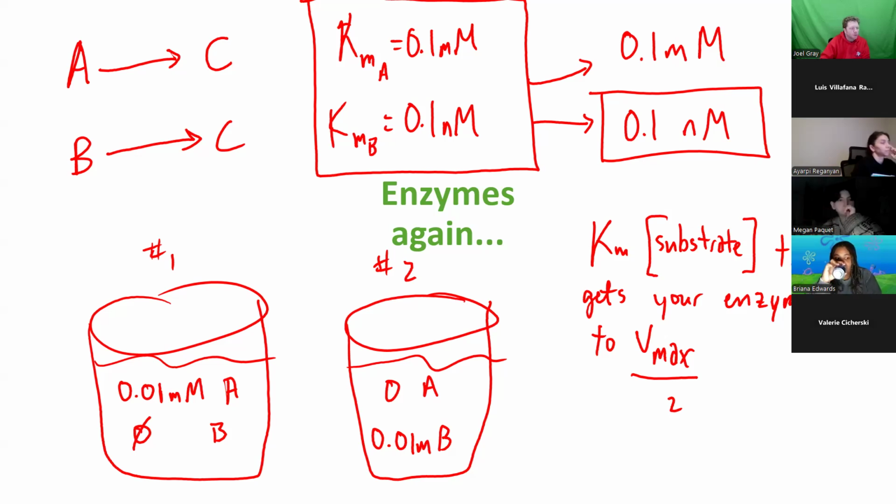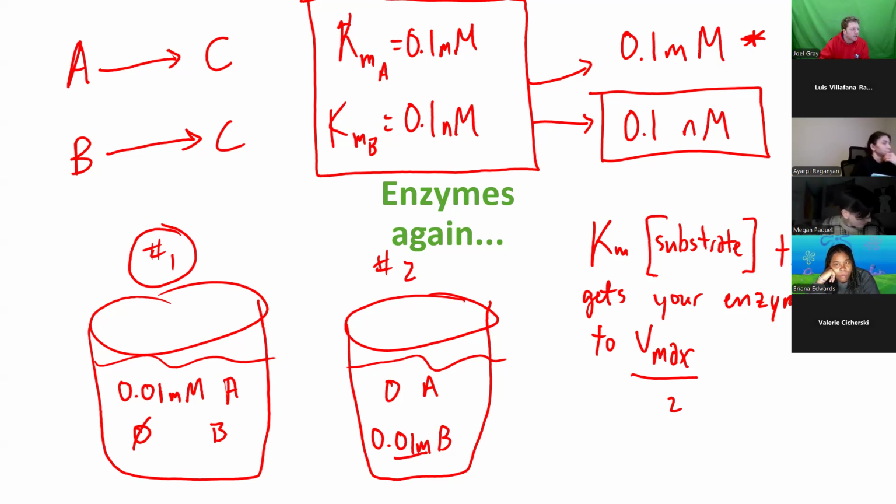Okay, so if we compare, looking at beaker number 1, we've got 0.01 millimolar. 0.01 millimolar is less than 0.1 millimolar. Then we've got beaker number 2, that's 0.1 millimolar. And you might be thinking, I can't really remember milli to nano to pico.